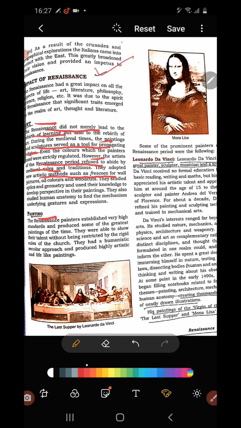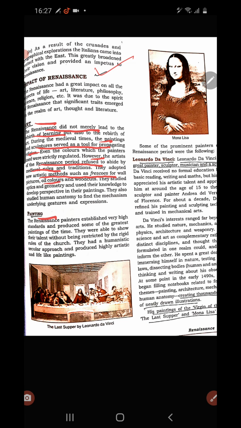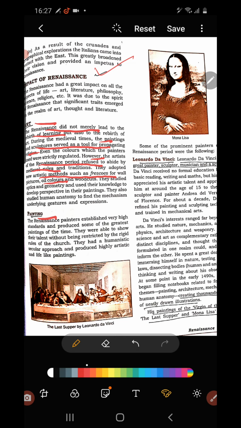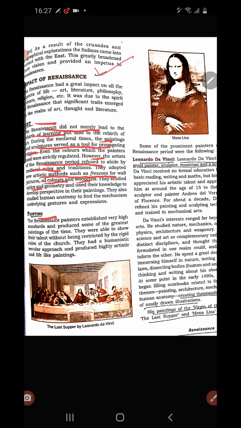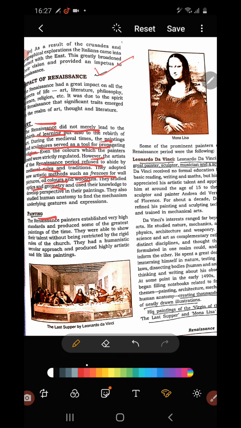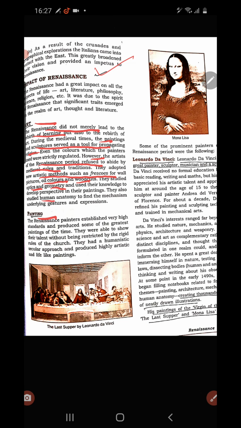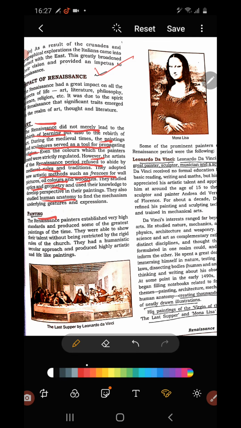Then they started using oil colors and wooden cuts for their painting. Then they studied optics, meaning measurement and distance. They also used geometry, and then they developed perspective. They also studied human anatomy. So they brought about a new revolution in the field of art.